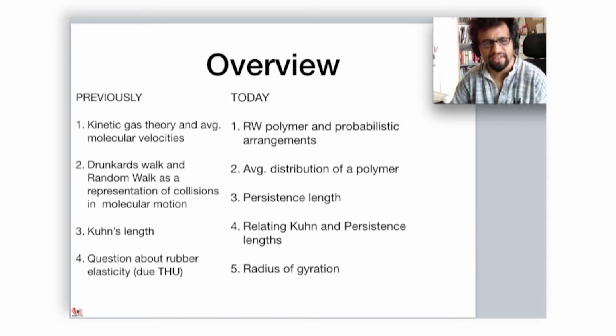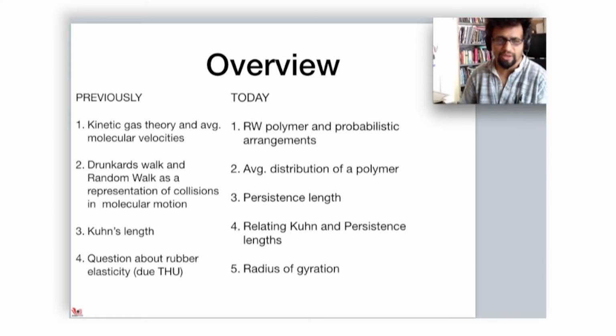We then ended with saying that if the step size average is not 1, but in fact Kuhn's length A, then the mean squared end-to-end distance becomes equal to NA squared, because we ignored that 1 in the simple arithmetic. And I ended with a question about rubber elasticity, which is due for Thursday. I'm going to come back to that in a bit.